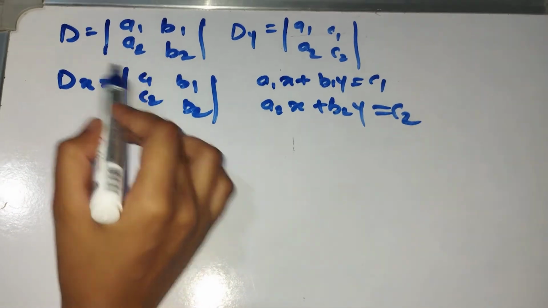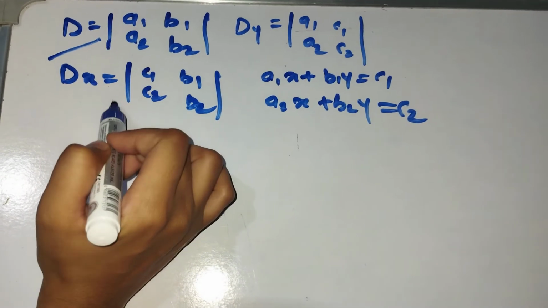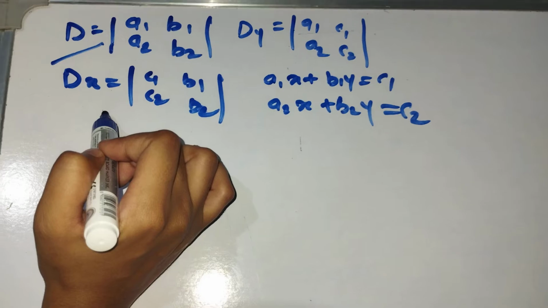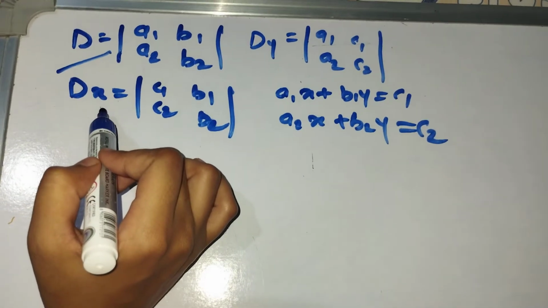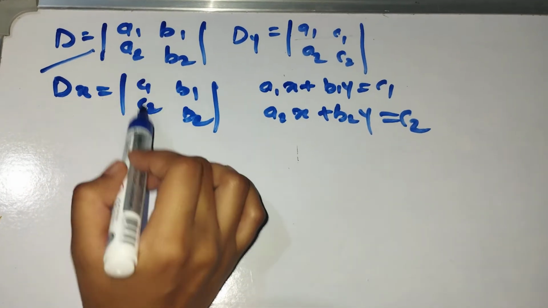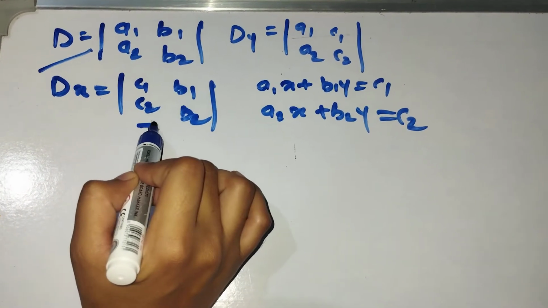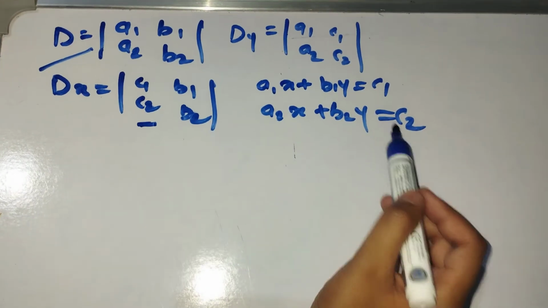Learn this formula first, a1, a2, b1, b2, and after that learn the formula of Dx. In Dx, in the place of the a1, a2 column, you simply replace it with the constant terms c1 and c2.